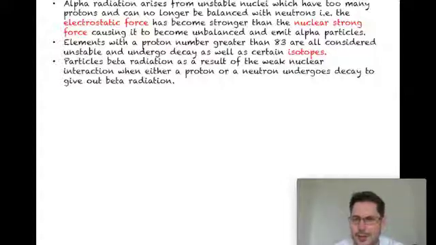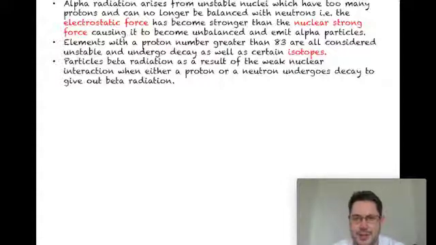So why doesn't a nucleus just blow itself apart? Well, that is because of a thing called the nuclear strong force, which binds protons and neutrons together. But at some point, if you keep adding positive charge, the electrostatic force is going to become too strong for the nuclear force.